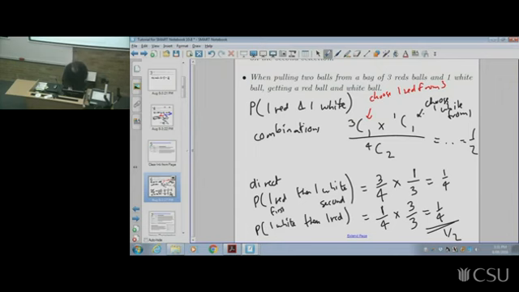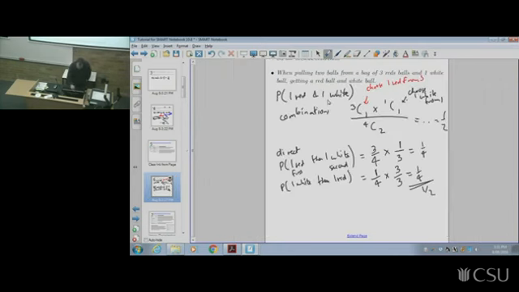One other approach, so we've got the combinations method, the direct method. Let's do complementary. So the probability of 1 red and 1 white. The complementary event is to think of the opposite event.